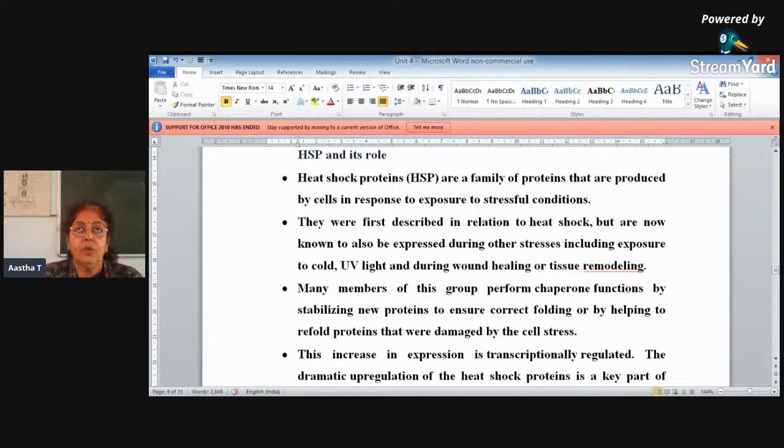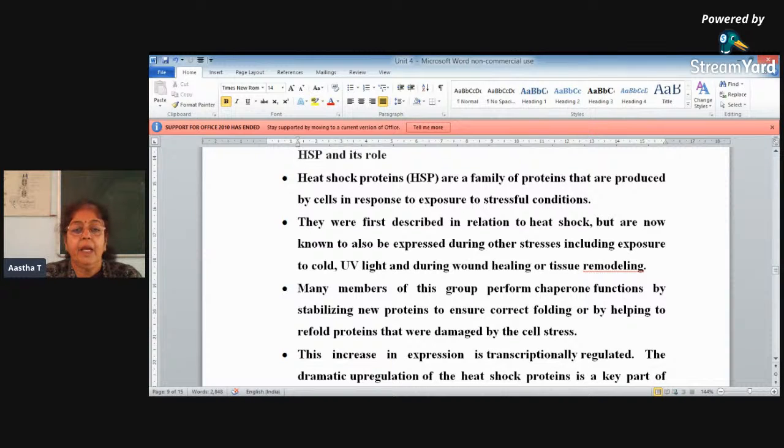Many members of this group perform chaperone functions. So chaperone function is nothing but stabilizing the newly synthesized proteins. So that is known as actually the chaperone function. Most of these heat shock proteins, they play the role of chaperones.